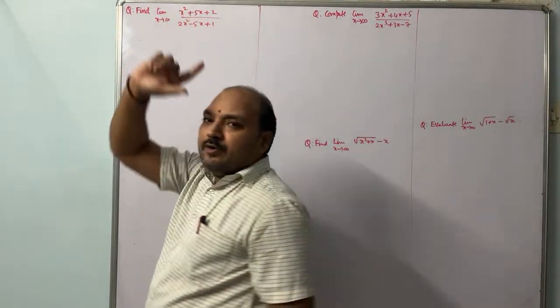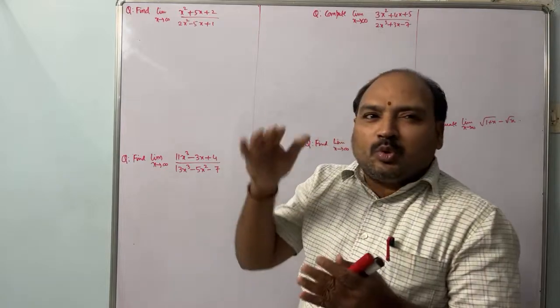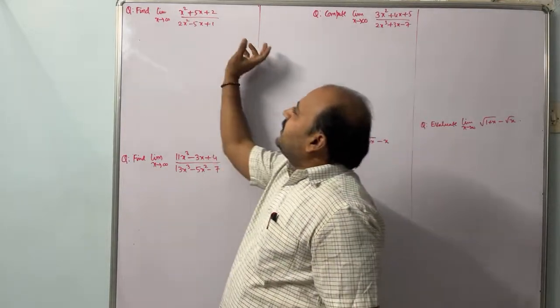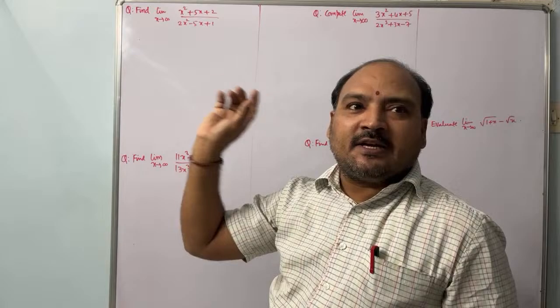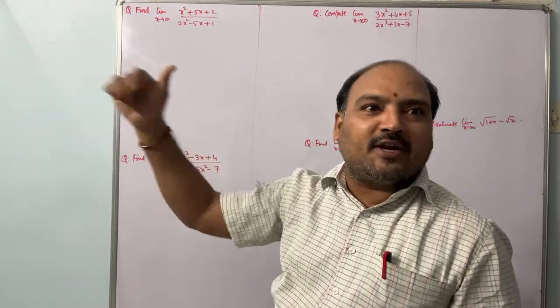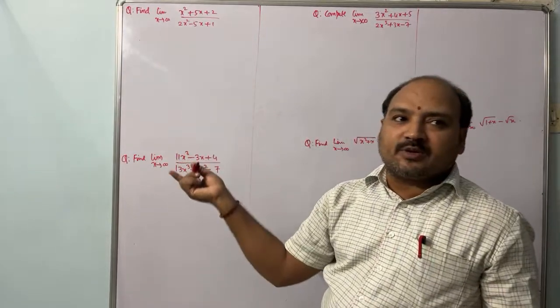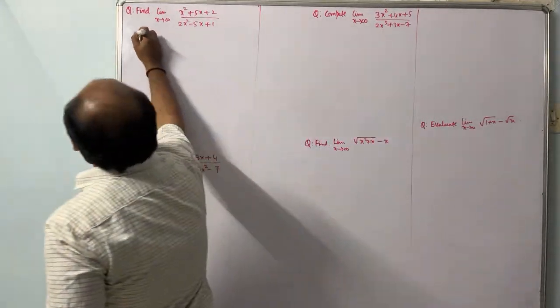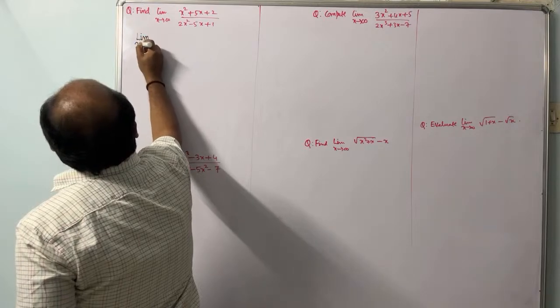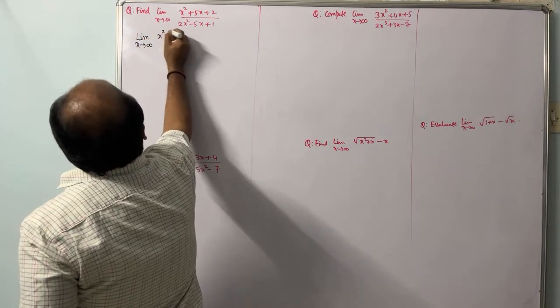As x tends to infinity, to do these type of problems, first take out the highest power of x term common from the numerator as well as denominator. In denominator x square, in numerator also x square term is common, the highest one. So limit x tends to infinity, I am taking common x square.